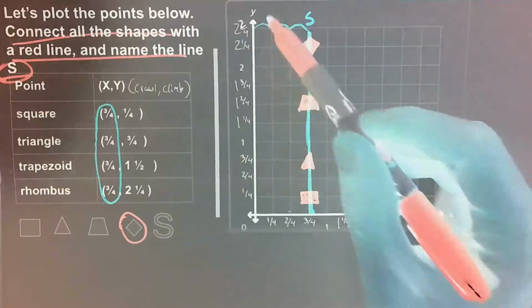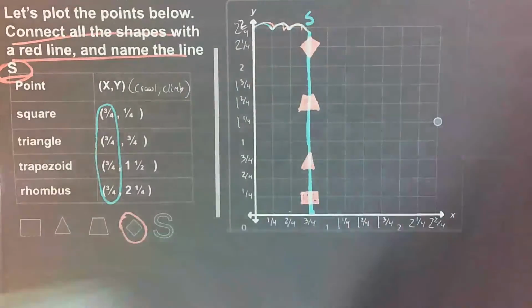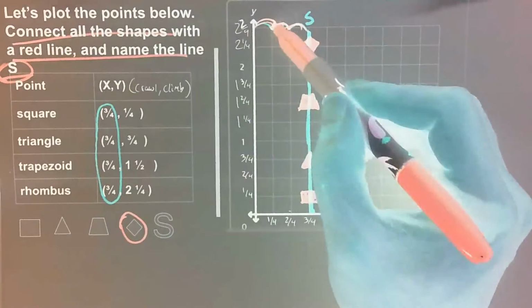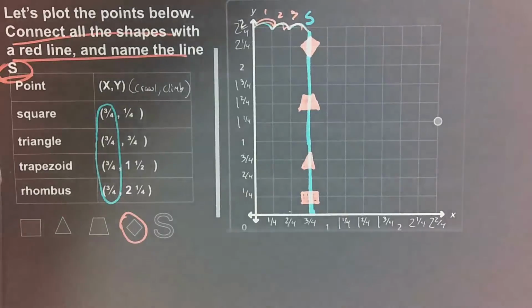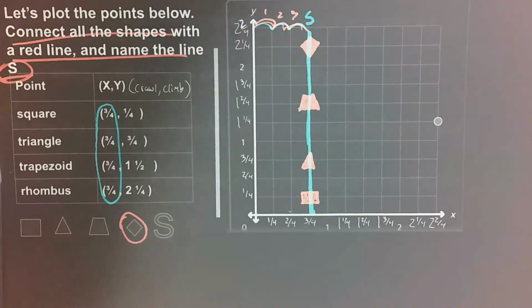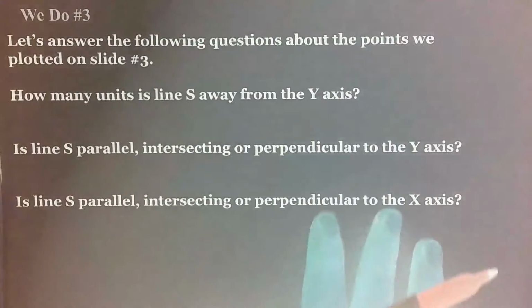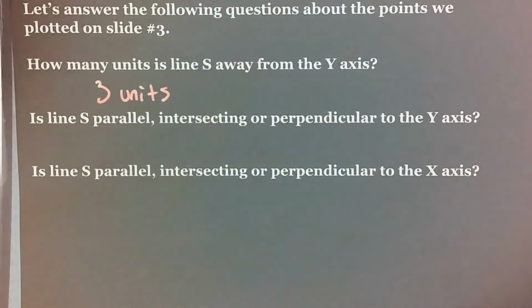So even though these 1, 2, 3 units are only worth 1/4 each, they're still 3 units. No matter what our units are worth, 1 unit on the coordinate plane is 1 unit. So line Y and S are in fact three units apart.